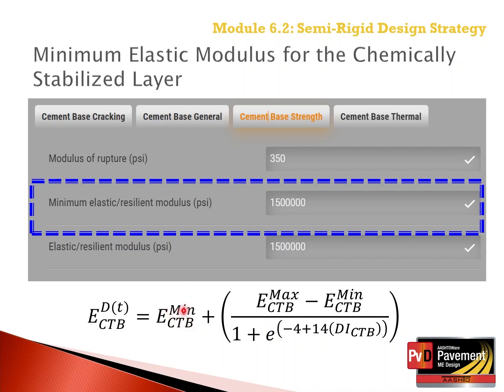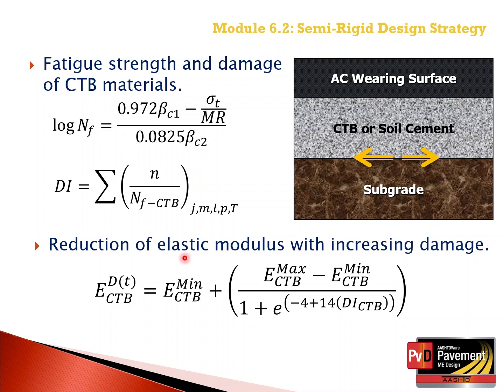And then once we know the minimum value, once we know the 28-day maximum modulus value that's entered into the software, we can then estimate with additional damage how the modulus of that chemically stabilized layer, at any point in time, what that modulus will be, depending on the damage index calculated by the software.